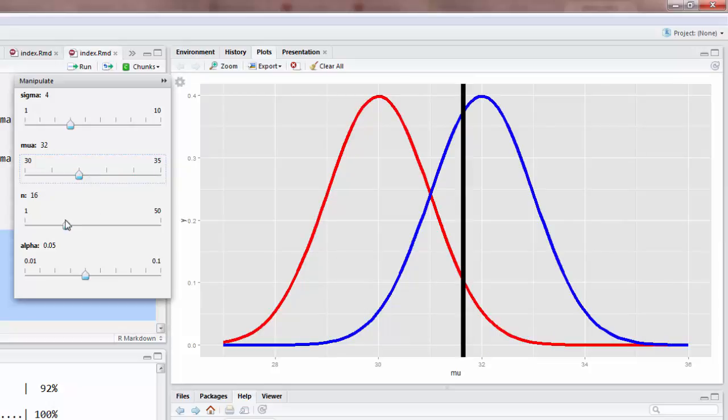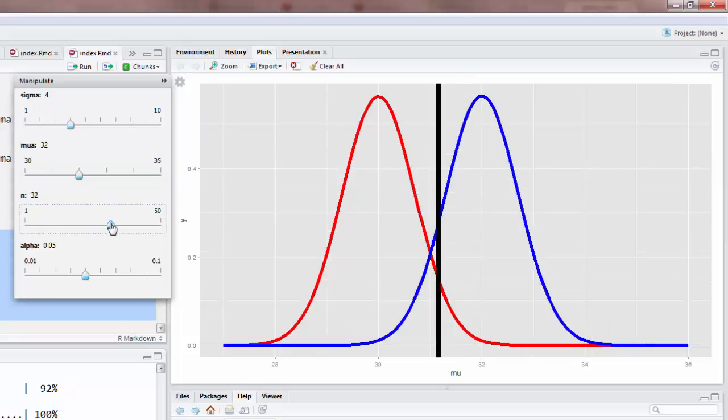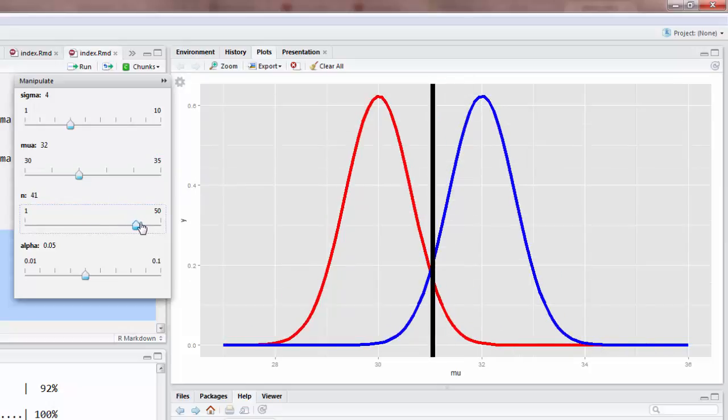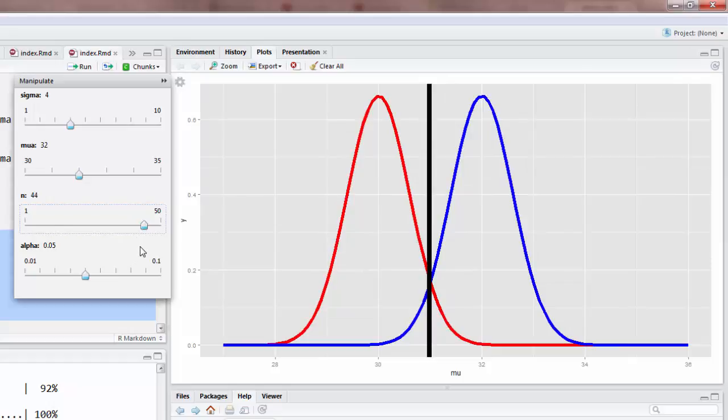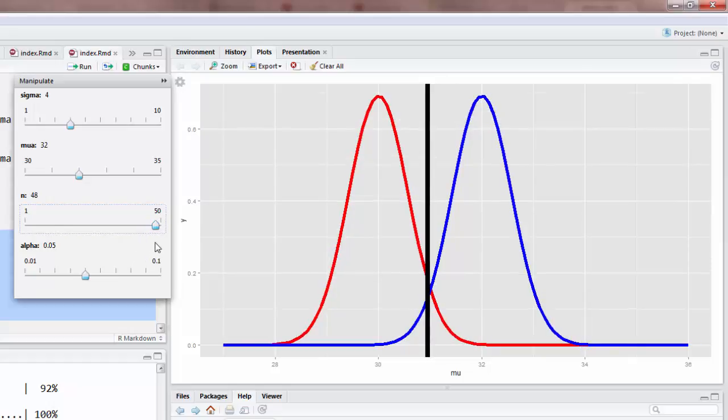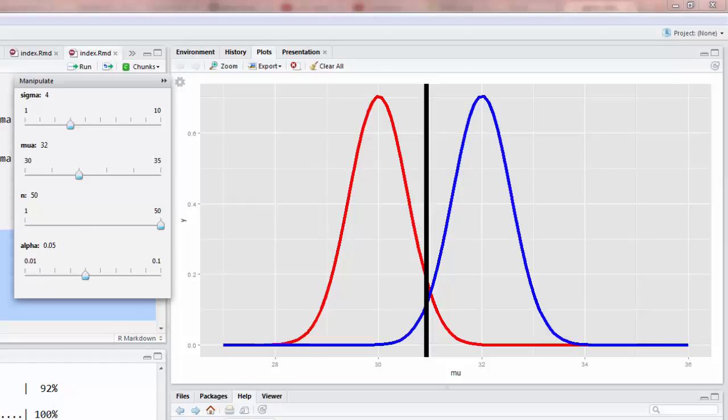How about n? So remember what happens as n increases. More observations go into our sample mean, so it gets less variable. Let's see what happens. Okay, less variance in our sample mean, so these densities are getting tighter and tighter. But the black line moves because remember, it's always got to be calibrated so that this area is 5%.